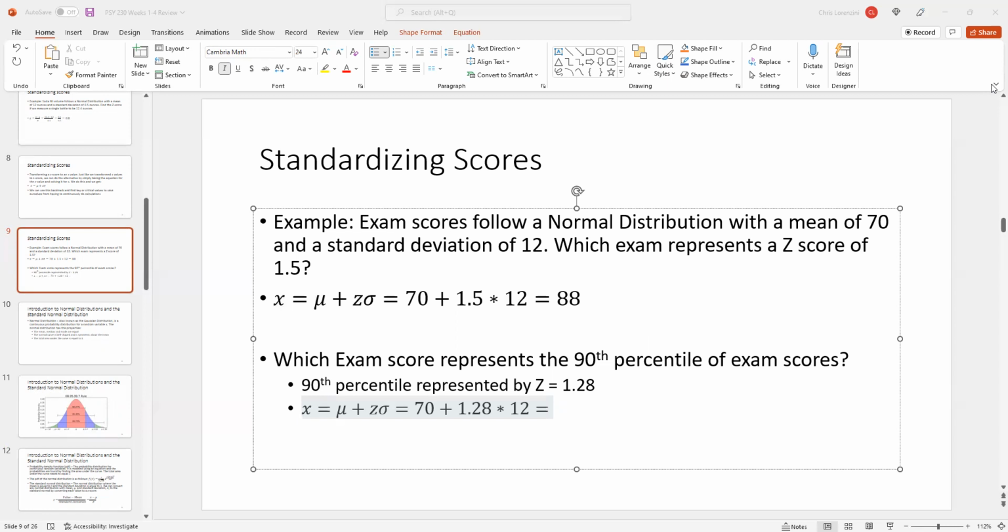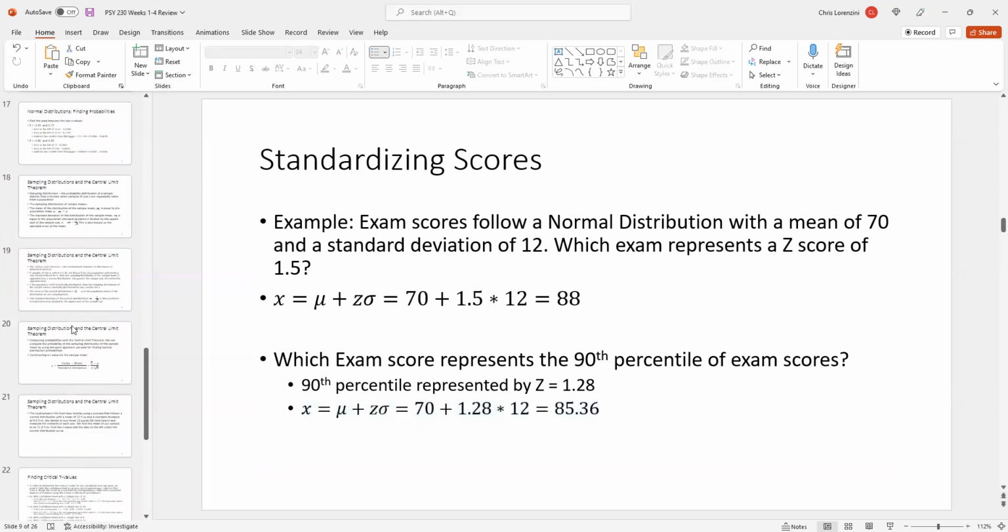So we plug that into our calculator and we get 85.36. All right, any questions so far?